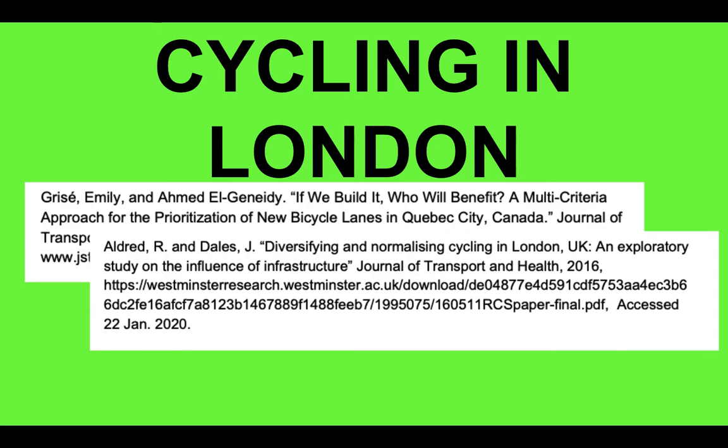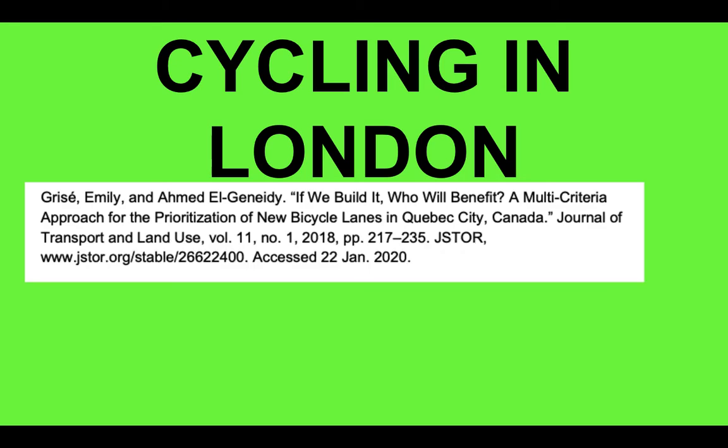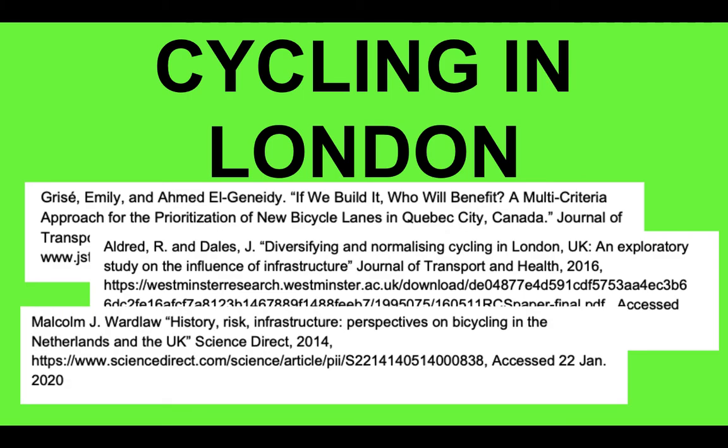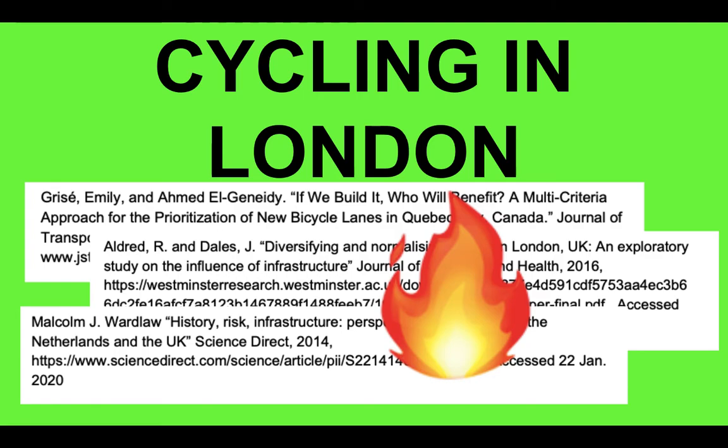For example, this study from a city in Canada about cycle infrastructure. This study based in London on cycle infrastructure. And this study comparing London with the Netherlands, or rather the UK with the Netherlands, was also used to design excellent methods. Very good.